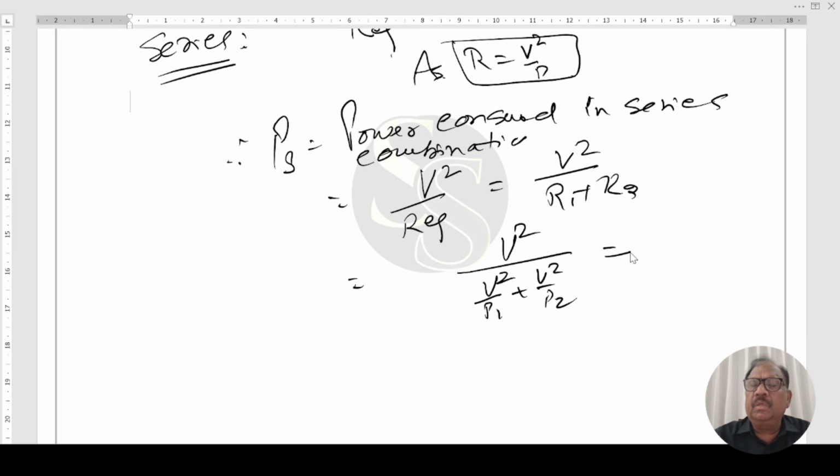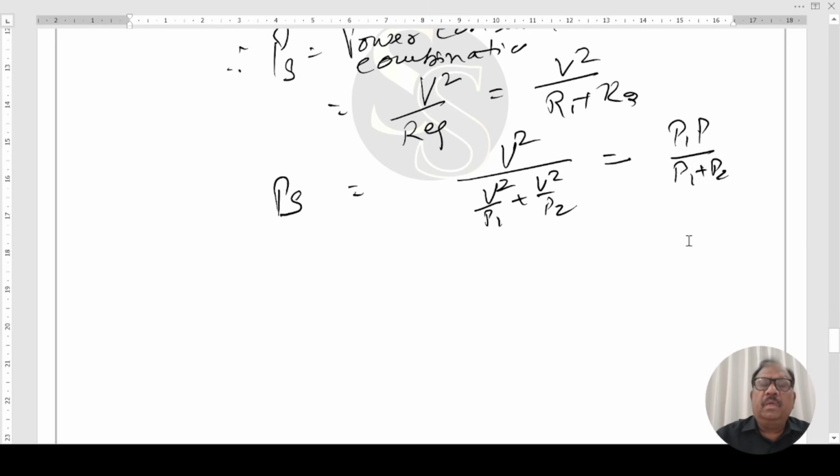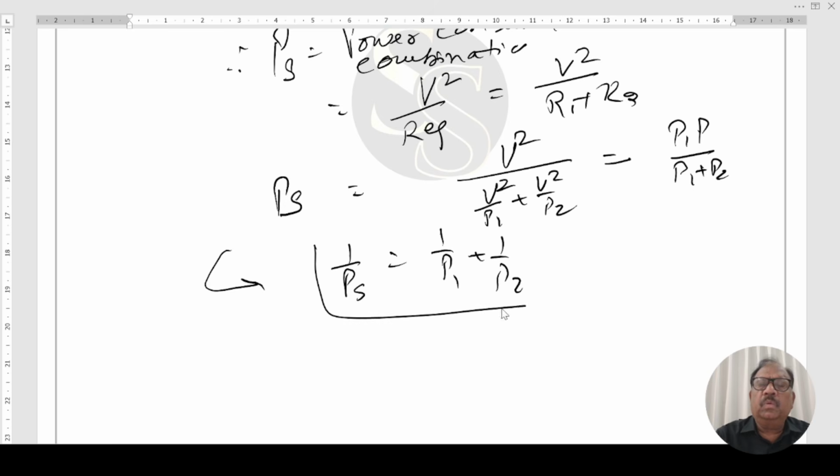On simplification, this comes out to P1 P2 upon P1 plus P2. This is the power consumed in series combination. It can be rearranged as 1 over PS equal to 1 over P1 plus 1 over P2. This is the formula. Number of bulbs are connected in series. Right? Now, for parallel combination.